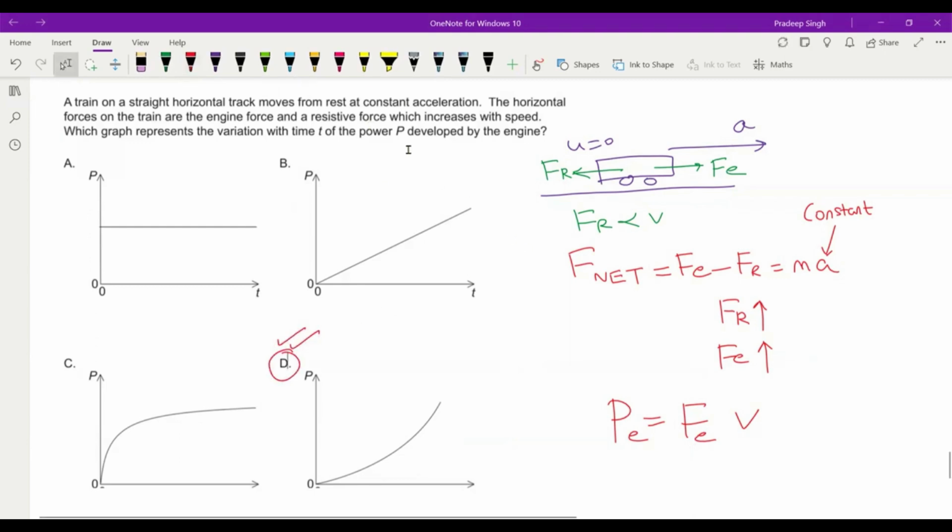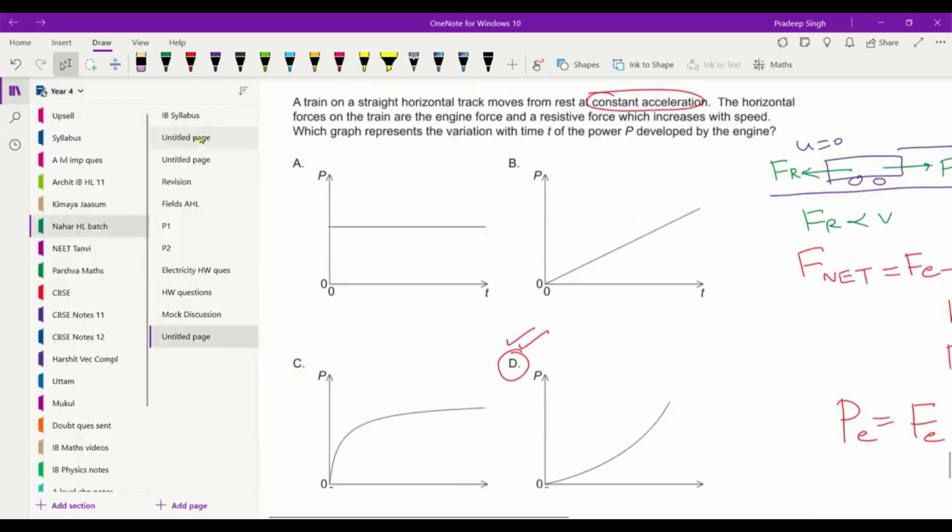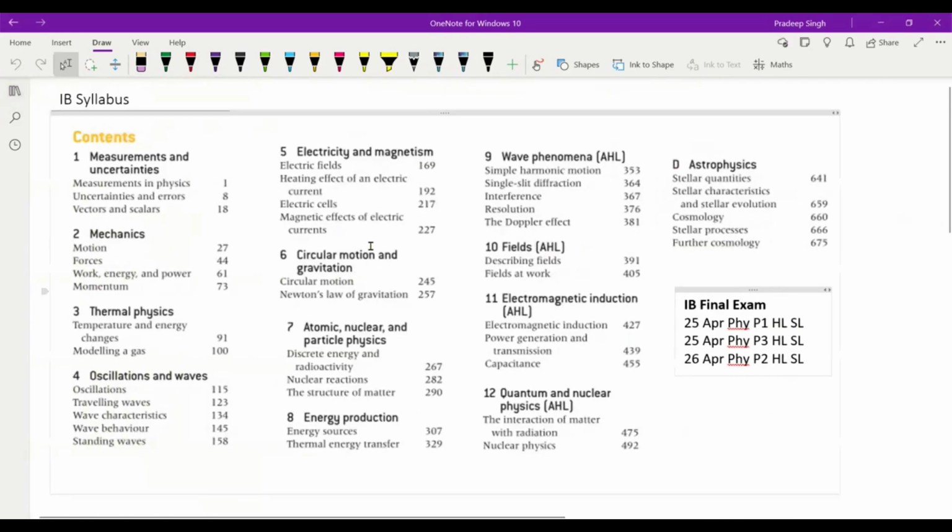So, Anushka, the only key word here was constant acceleration. Okay, sir, got it. So if this was the example that I gave, then C would have been correct, right? Yes, correct. That is the case when somebody is in free fall, falling towards the earth. Yeah, sir. That's the terminal velocity concept.